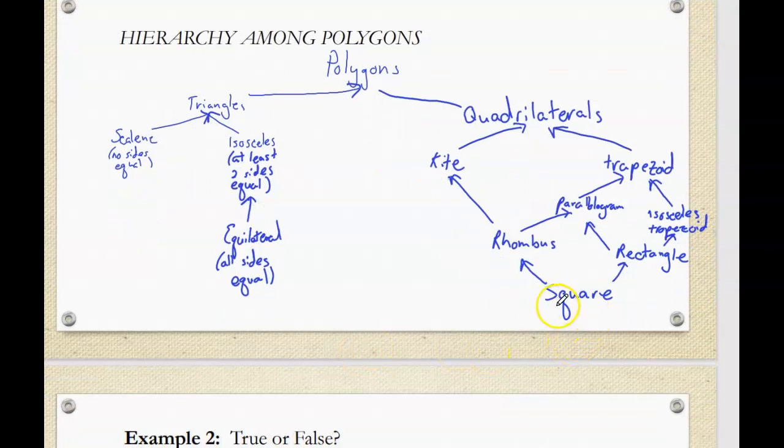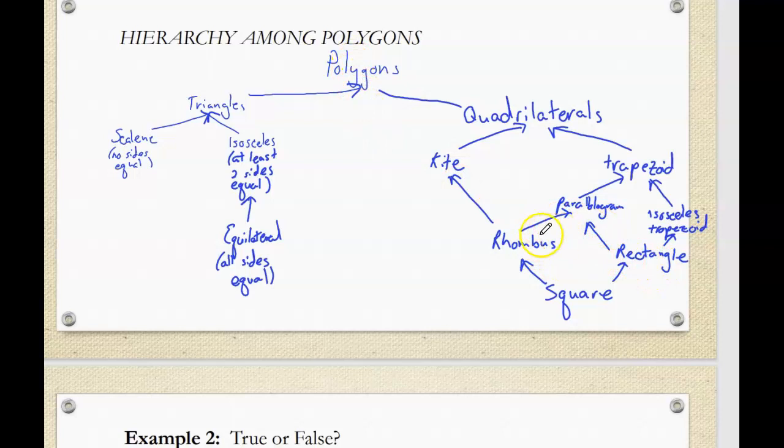So if you're a square, you are a rhombus, you're a rectangle, therefore you're a parallelogram, you're an isosceles trapezoid, so you're a trapezoid, you're also a kite, and you're a quadrilateral. So a square is actually all of these. Just like an equilateral triangle is an isosceles triangle, and a triangle, and a polygon.